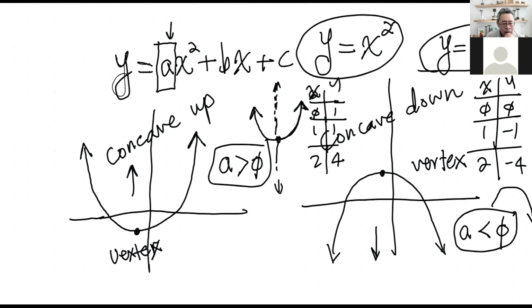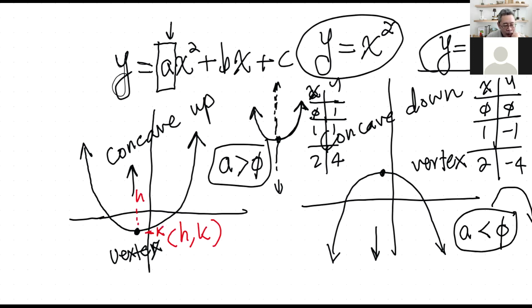Now, we also have a couple special points. We know the vertex point, very important, and we have something called the vertex formula. We call this point h comma k. So h is the x-coordinate and k is the y-coordinate.